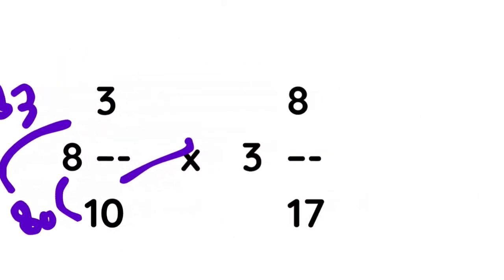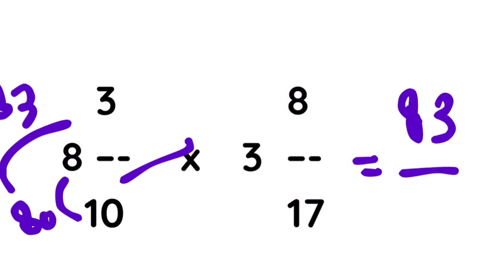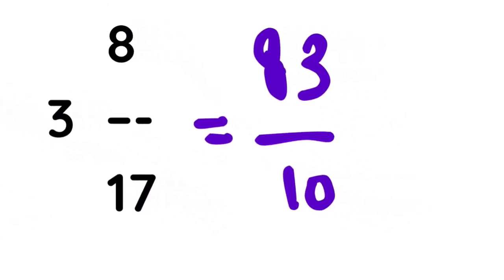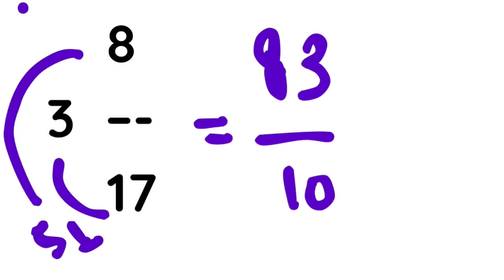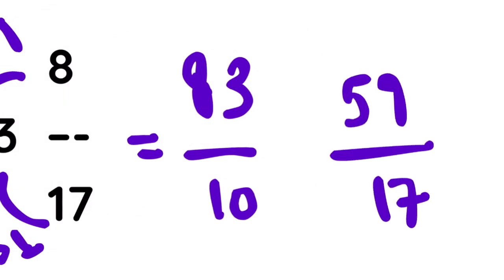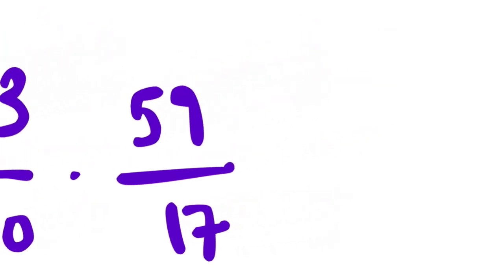So we have 83 divided by 10. And in here, 17 times 3, 51. 51 plus 8, 59. So 59 divided by 17, and then we multiply these two.